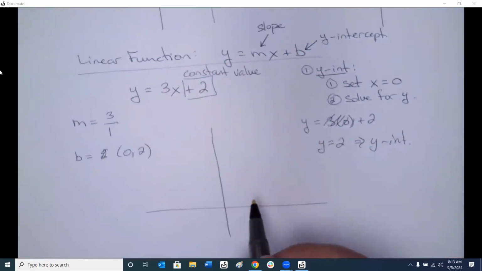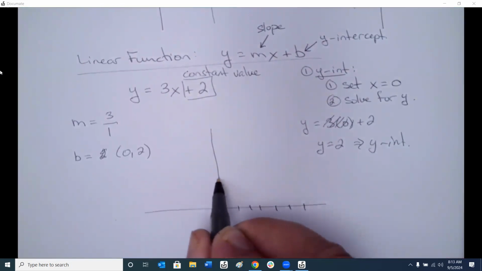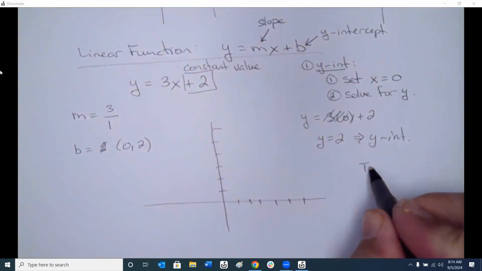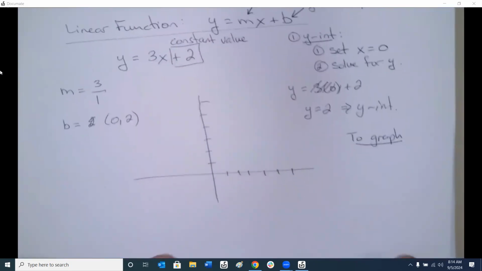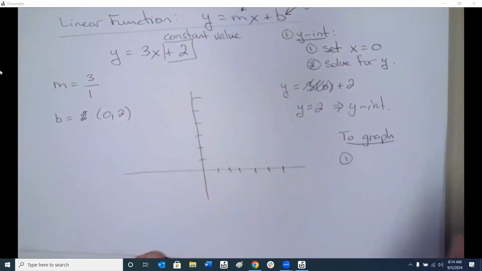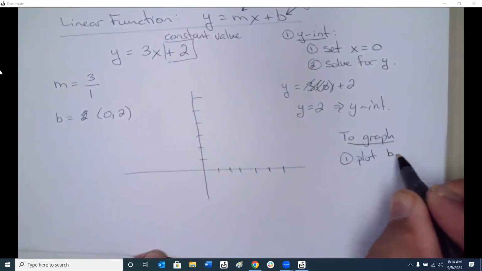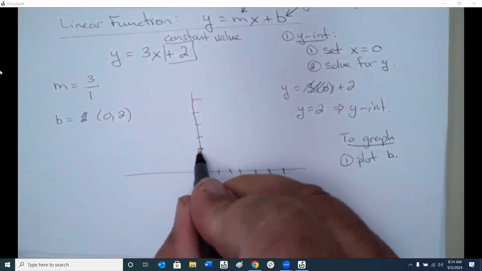So if we were to graph this equation, the first thing you want to do is plot the y-intercept. So it's at (0, 2).